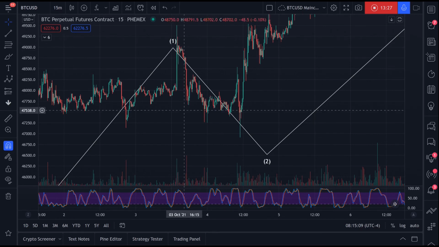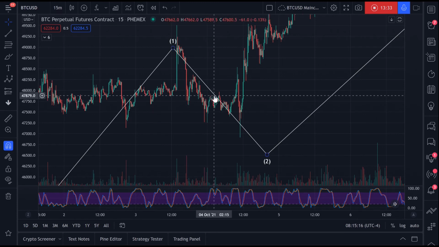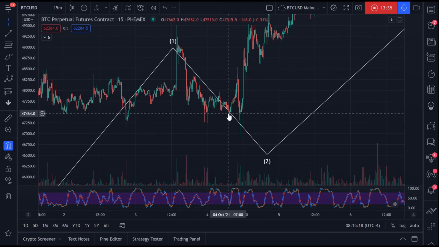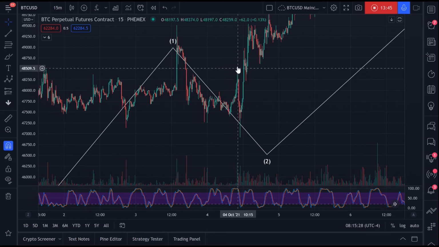No, I was right the first time. This is the A, this is the B, and then you start counting 1, 2, 3, 4, 5. Okay, and it's going to be a little challenging, but basically you want to wait for that A wave.